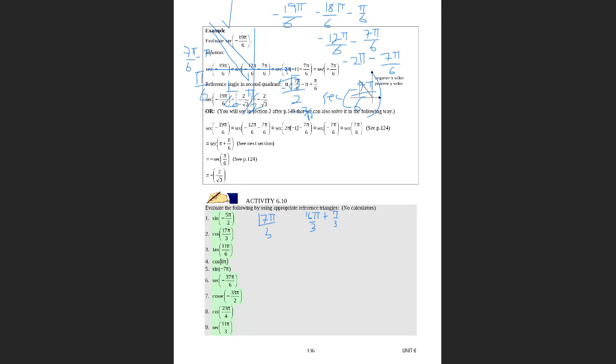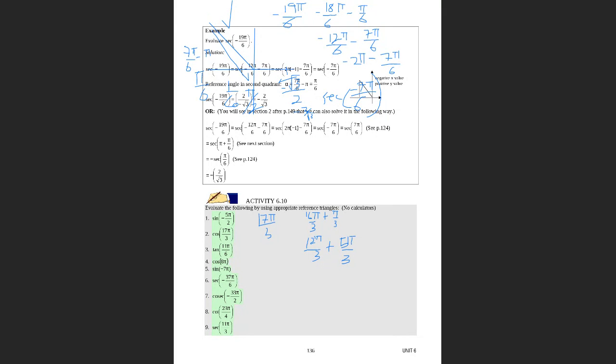If I say 12 pi over 3 plus 5 pi over 3, this gives us a special angle, 5 pi over 3. 3 will cancel. 3 will cancel 1 to 60.